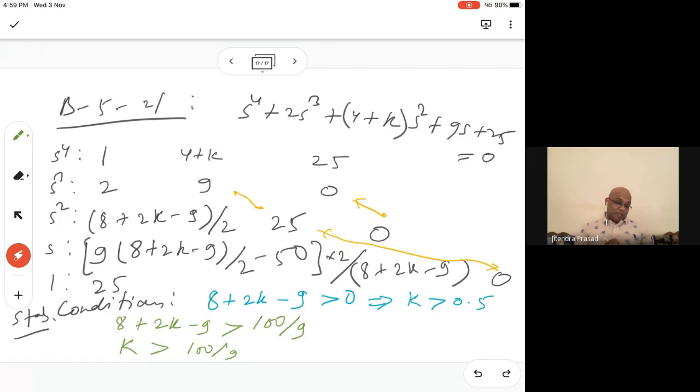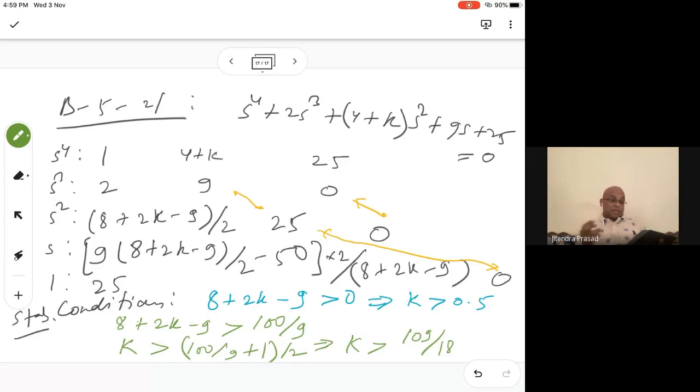So simply this 100 divided by 9 plus 1, and divided by 2. And this tells us that k has to be greater than 109 divided by 18.